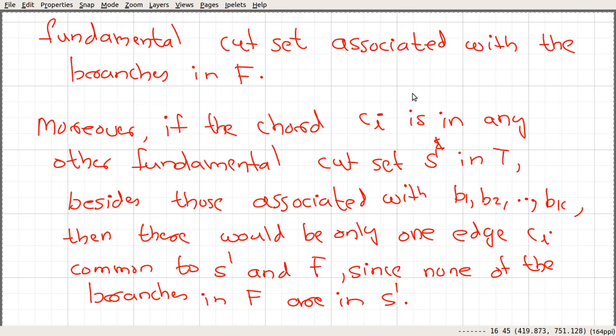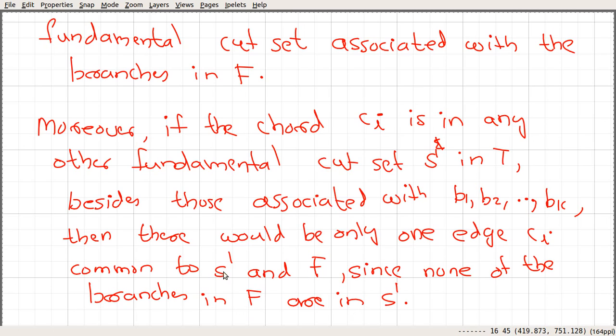So moreover, if the chord Ci is in any other fundamental cut set S dash in T, besides those associated with B1, B2 up to Bk, then there would be only one edge Ci common to S dash and that fundamental circuit F, since none of the branches in F are in S dash.